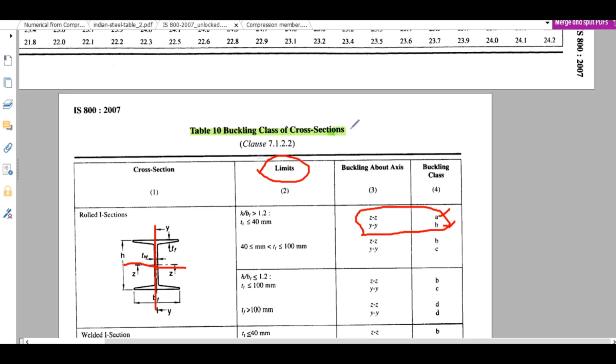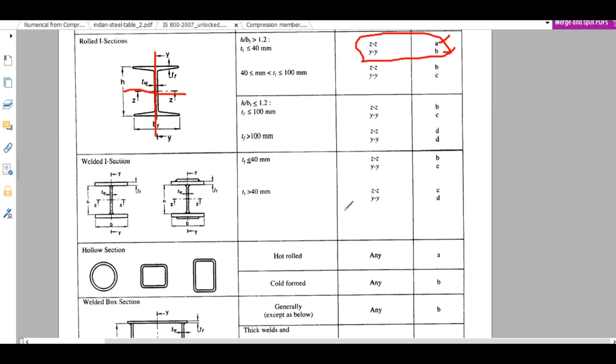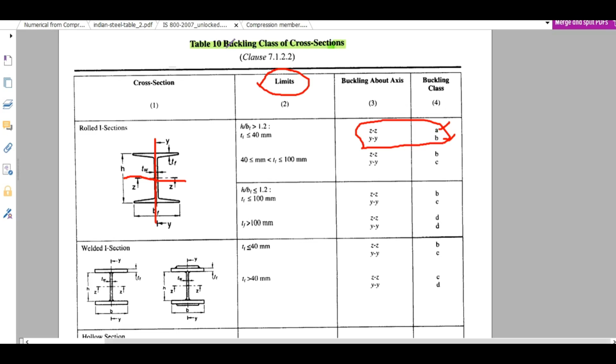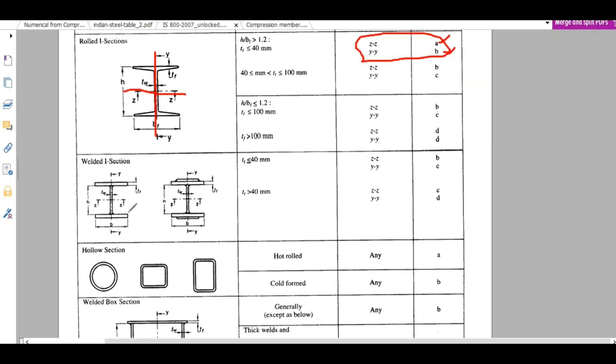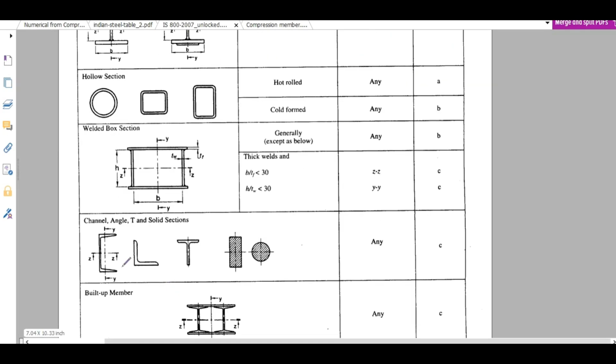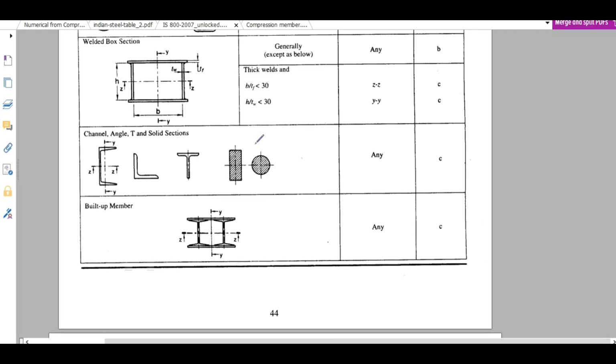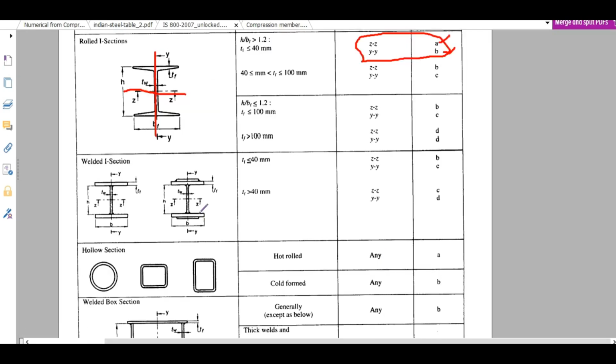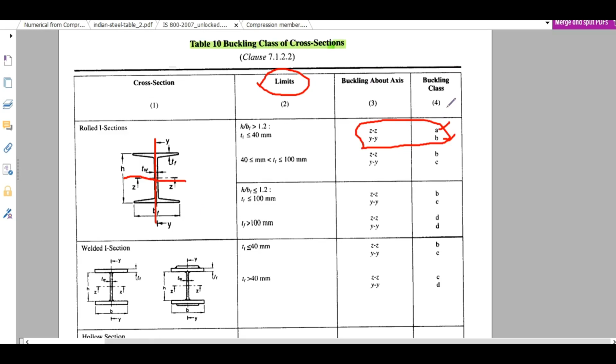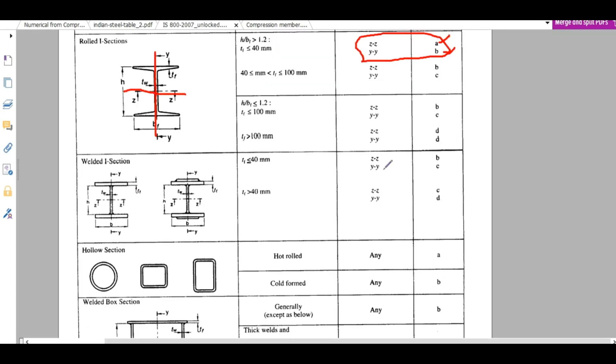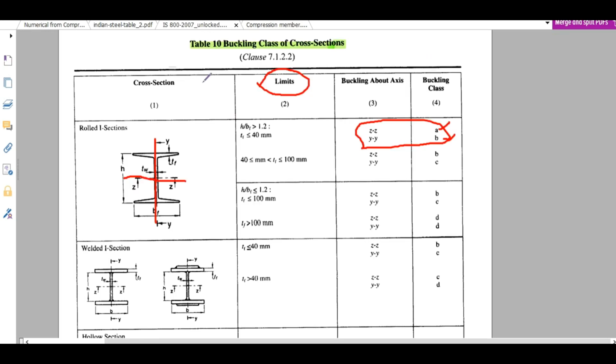You can get this buckling class idea from table 10. There are different cross sections available: C sections, angle section, T section. For different sections the buckling class will be different, and you will get it from this table 10.